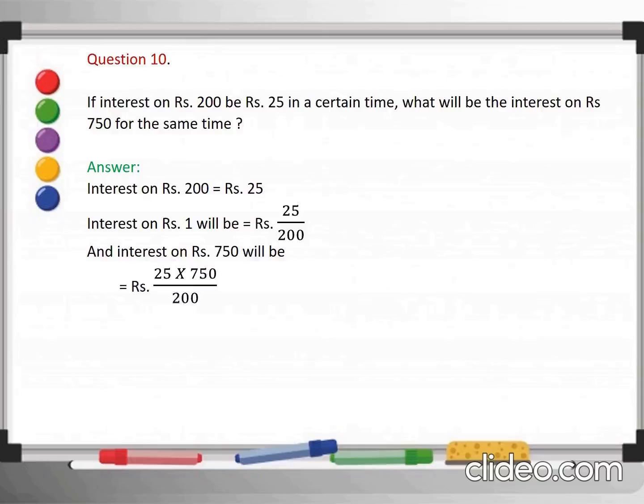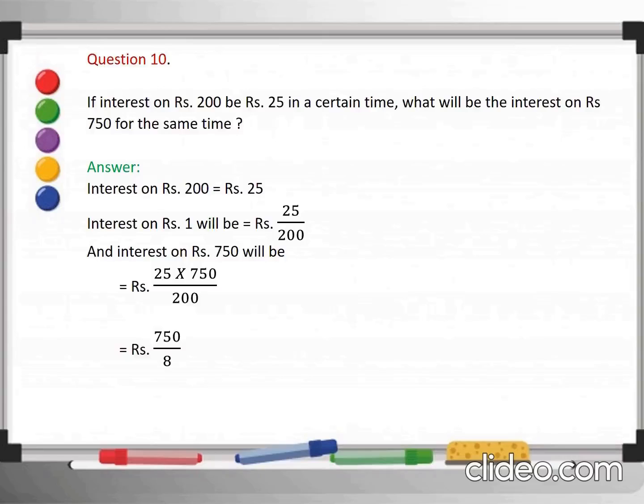We can do cancellation by which table? By 25 table. So 25 ones are 25, 25 eights are 200. So we'll get 750 upon 8. Further we can divide.